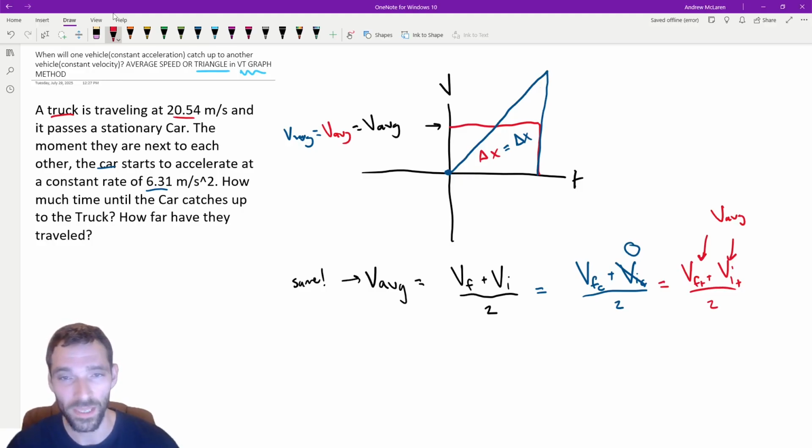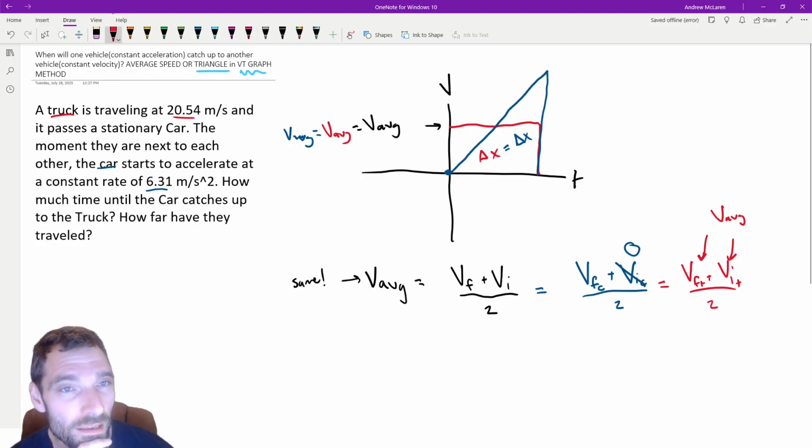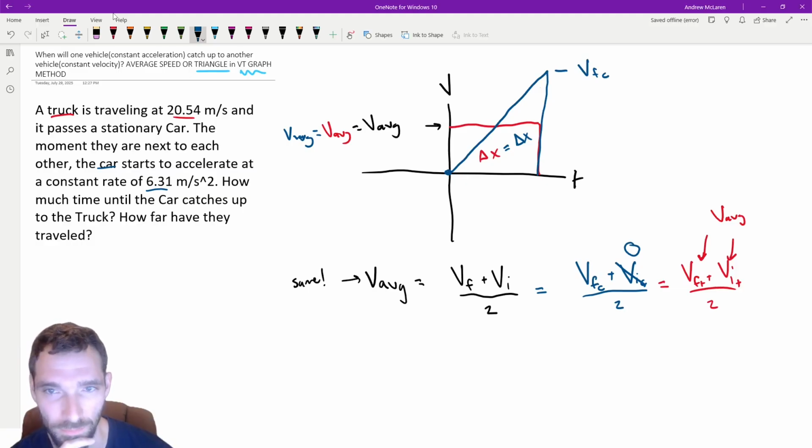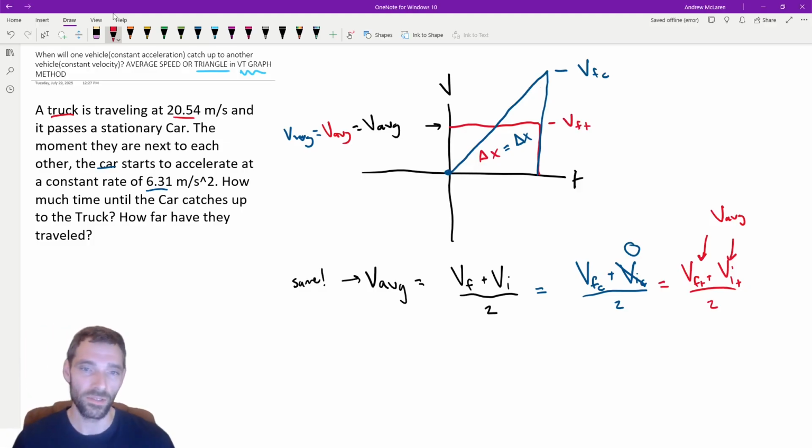You might notice that the maximum speed at the end for the object that we've got marked in blue is actually twice as high as the V final of the truck. So it's literally just going twice as fast at the very end if it was started at being still at the beginning.